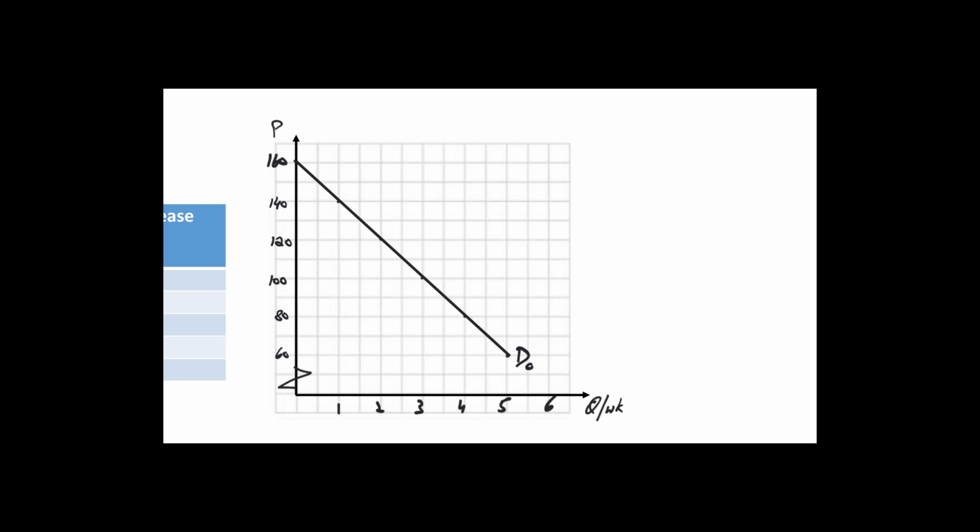If I had said quantity demanded has increased, that means I'm going downward on the curve to the right. So if the price was 120, I was buying 2, and now I'm buying 3, but the price must have fallen. So if I'm moving down to this point or that point or that point, that means there is a movement, and I'll say quantity demanded has increased.